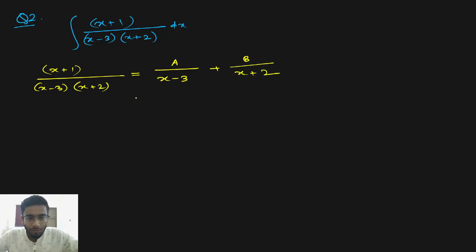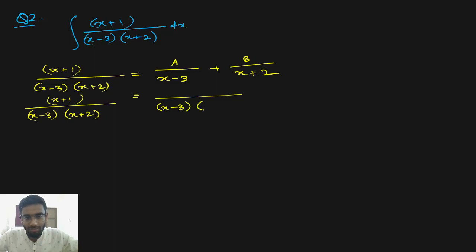Okay, if we do our calculation, then the left hand side will be the same, x plus 1 by x minus 3 x plus 2. And on the right hand side, if you take LCM, it is x minus 3 into x plus 2, and on that side it will be A multiplied by x plus 2 and B multiplied by x minus 3.